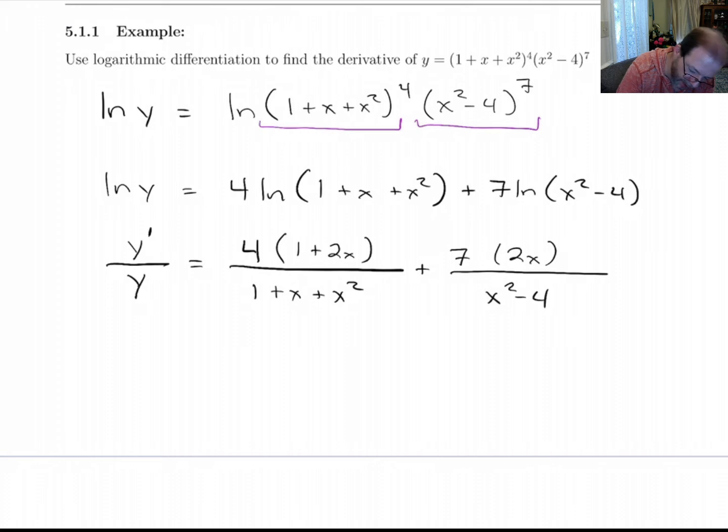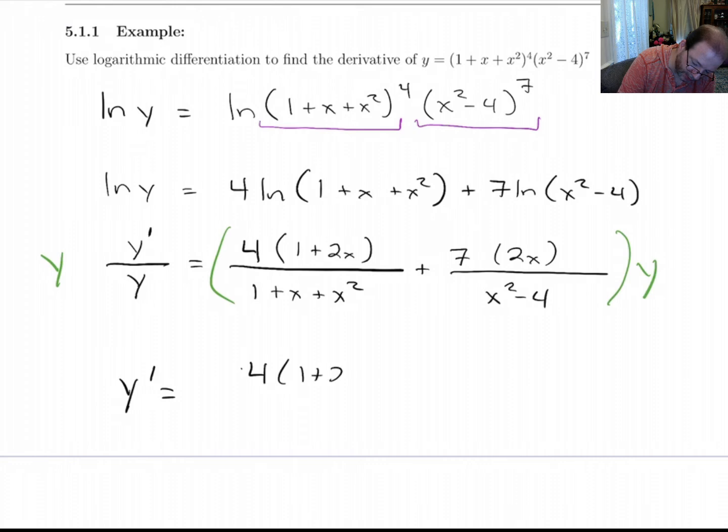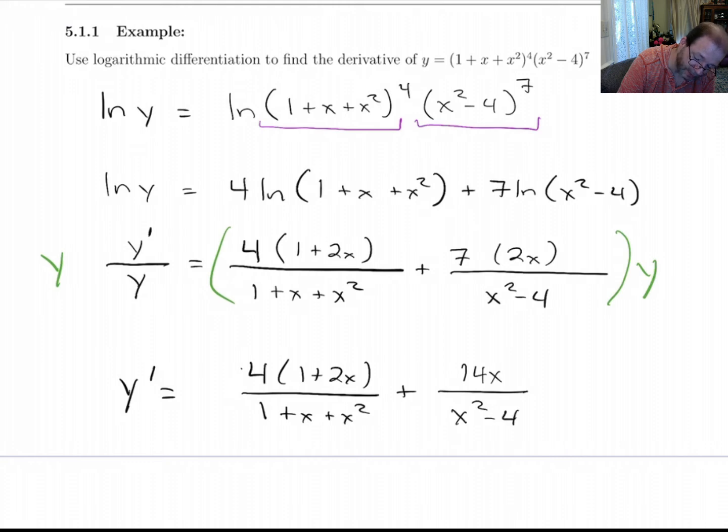And now I need to multiply both sides by y. So I get y prime is 4 times 2x over 1 plus x squared. Now let's see, this will become 14x over x squared minus 4, times the original y.